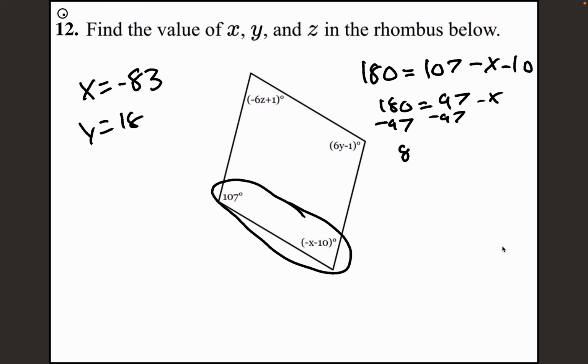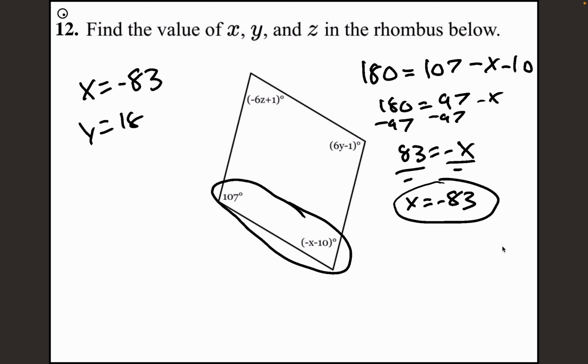No, this is 83. Equals negative x. Divide your negative. Yes. Because it's negative x right here. So a negative times a negative. All right, do we all get 18 for y?